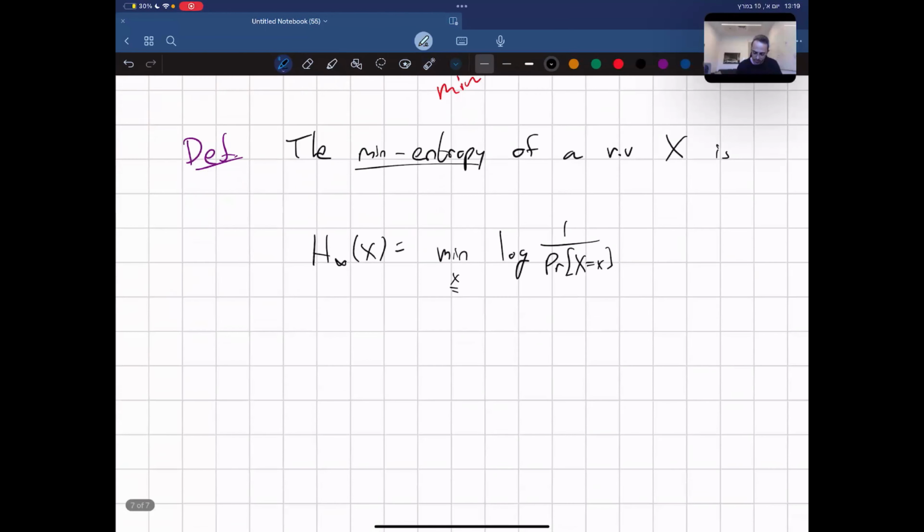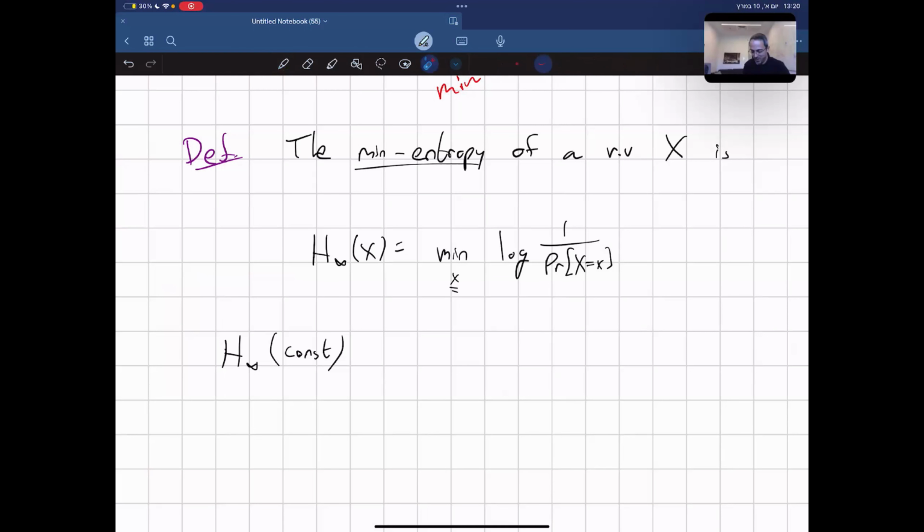And you can ask, why is this log scale and why min and so forth. So, just to motivate it a little bit, what's the min-entropy of a constant variable? It should be zero, right? If this measures randomness, a constant variable has no randomness, it should be zero, and it is.